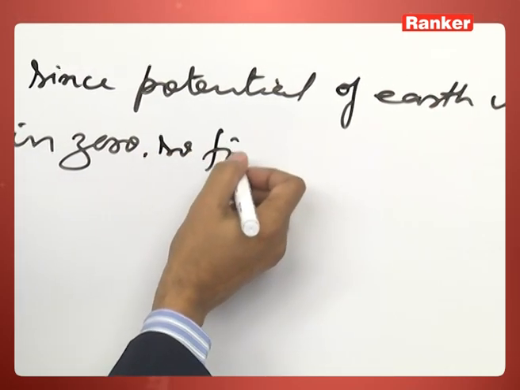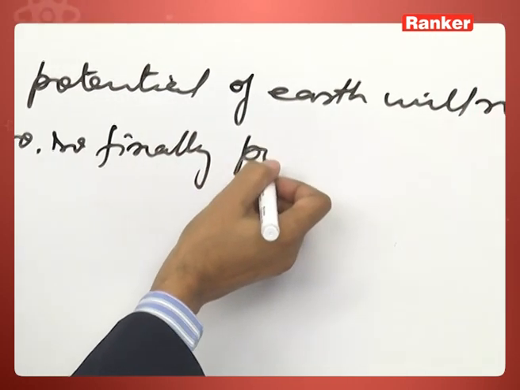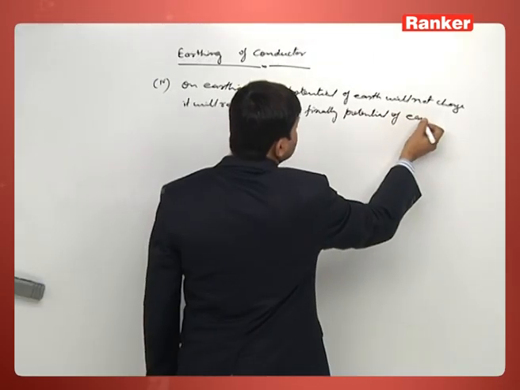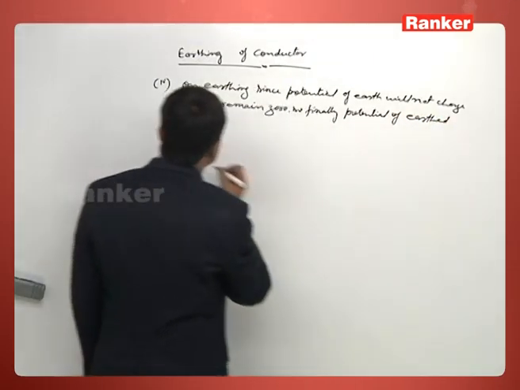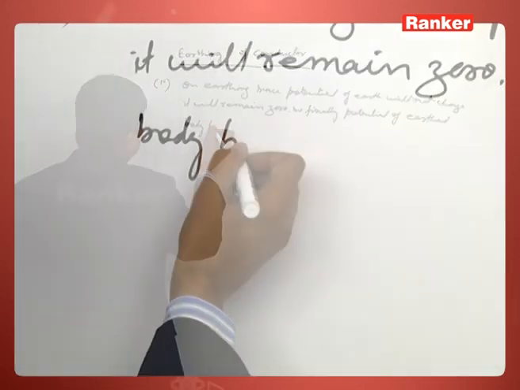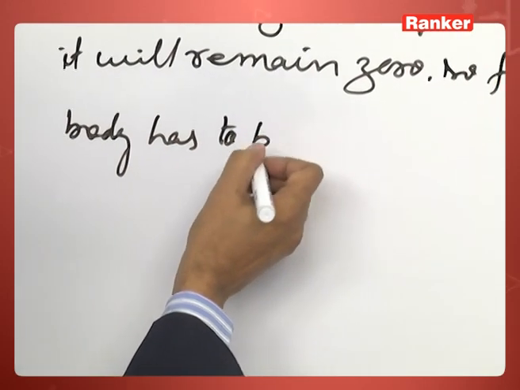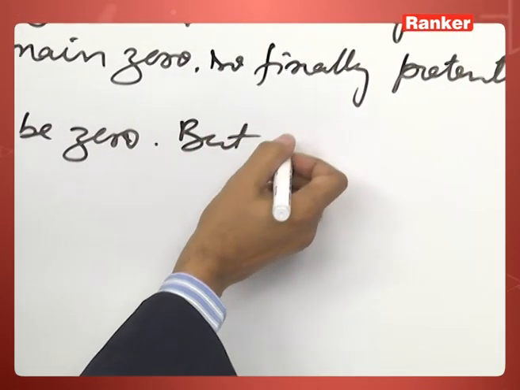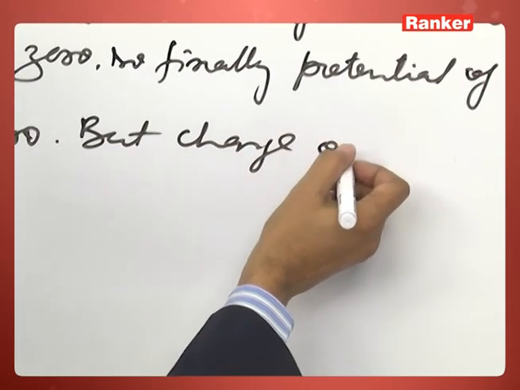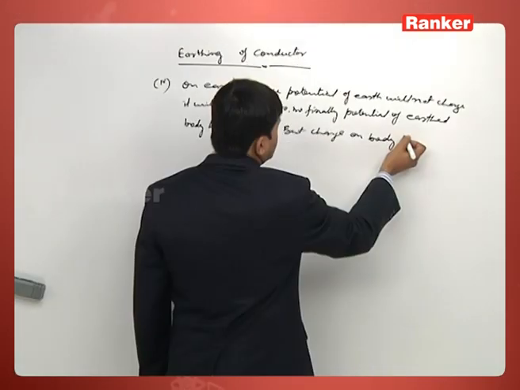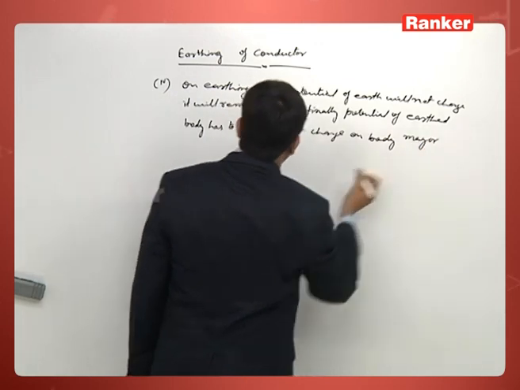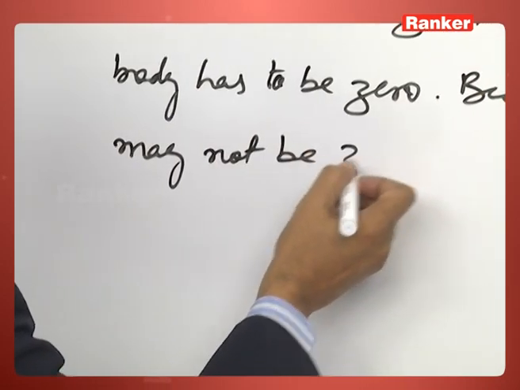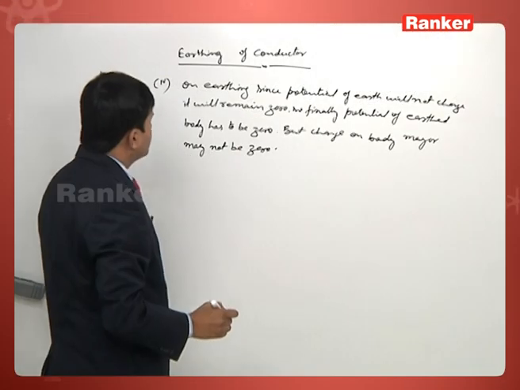So finally, the potential of the earthed body has to be 0, but the charge on the body may or may not be 0. This is the main point here.